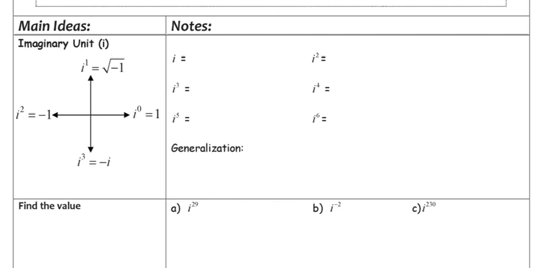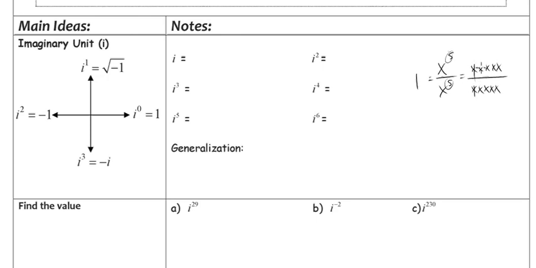But think through it: if I had something divided by itself, like x to the 5th power over x to the 5th power, we know anything divided by itself is 1. But also, those exponents mean x times x times x times x times x over x times x times x times x times x.